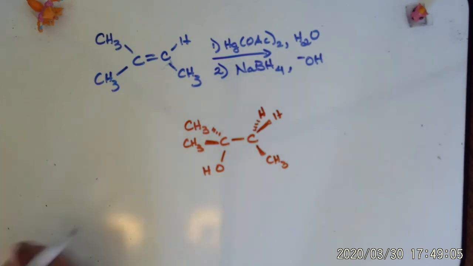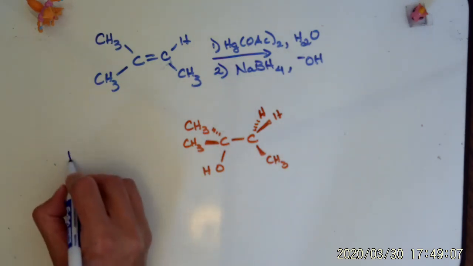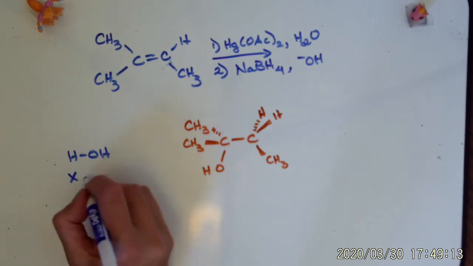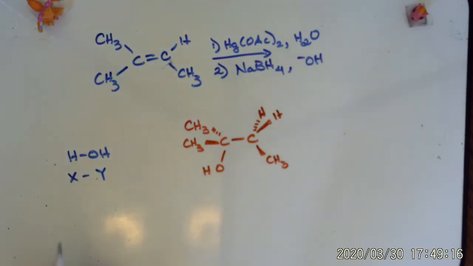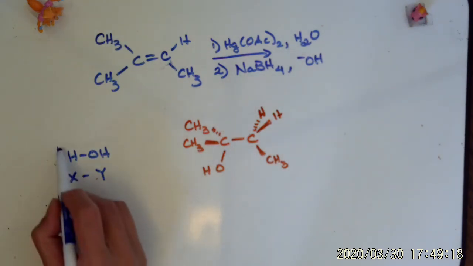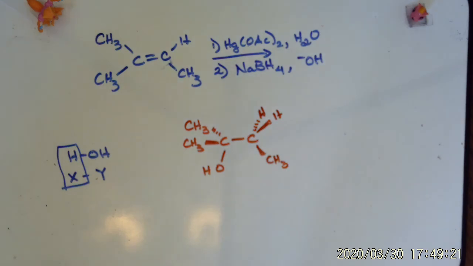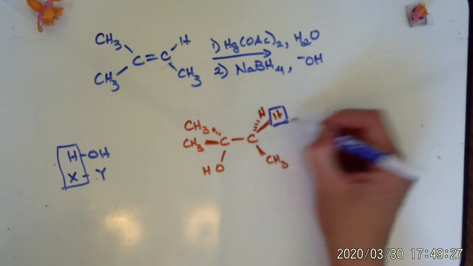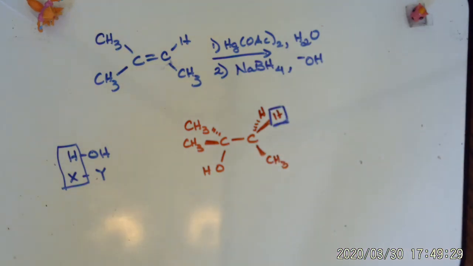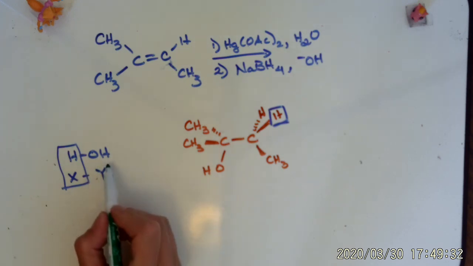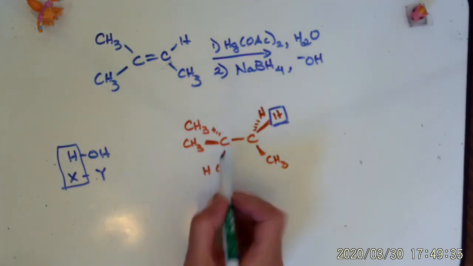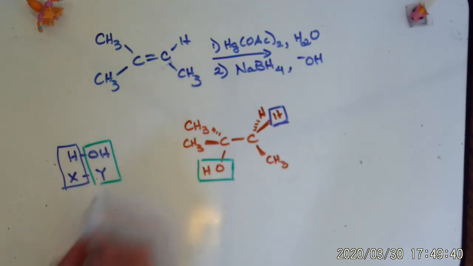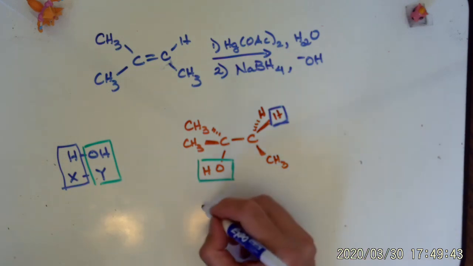Now, if you're just thinking about my water, this being my electrophile, this being my nucleophile, where did my electrophile go? On the carbon that had the most hydrogens, right here. Where did my nucleophile go? On the carbon that has the fewest hydrogens, right here. So this is the Markovnikov orientation.